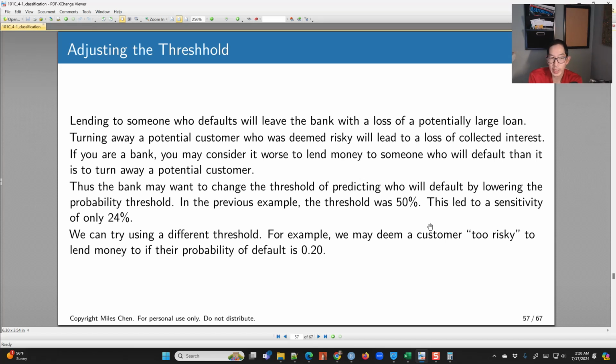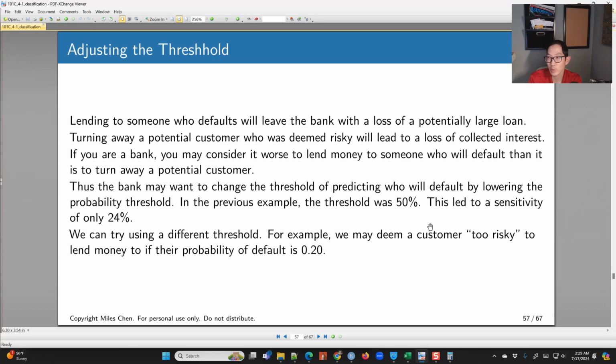Now, as far as the bank goes, lending to someone who defaults will leave the bank with a loss of a potentially large loan. Turning away a potential customer who is deemed risky will lead to a loss of collected interest. But if you're the bank, you may consider it worse to lend money to someone who defaults than to turn away a potential customer.